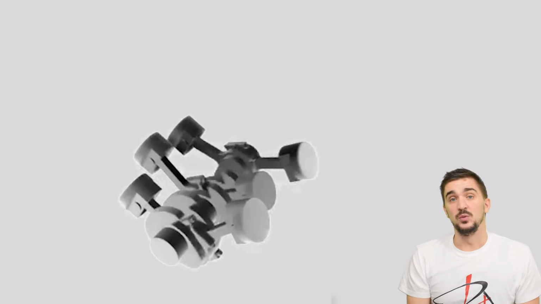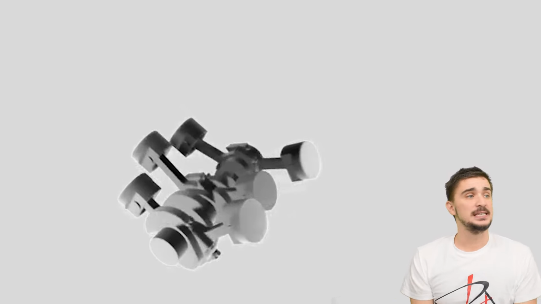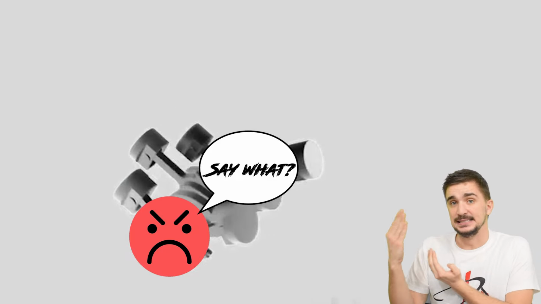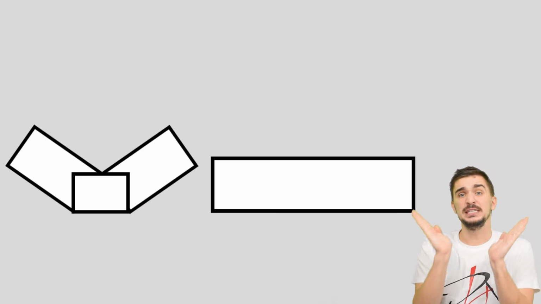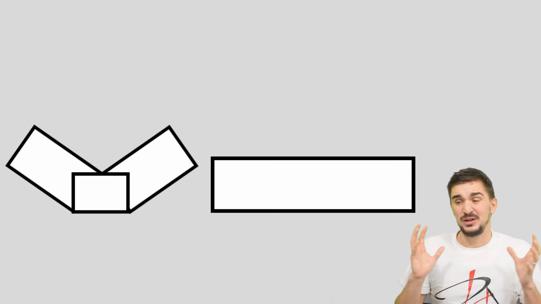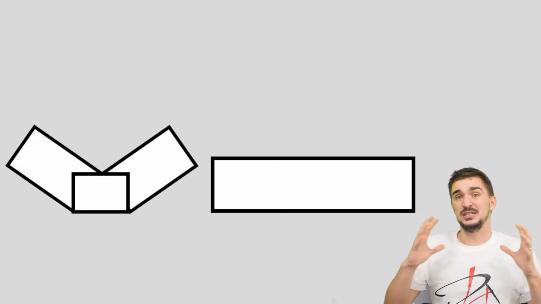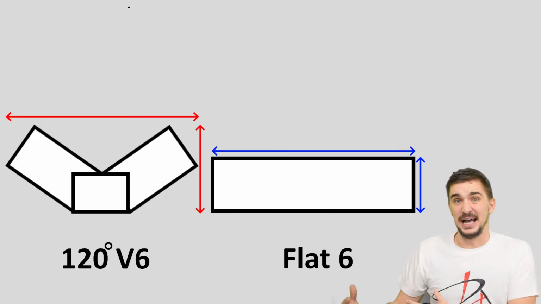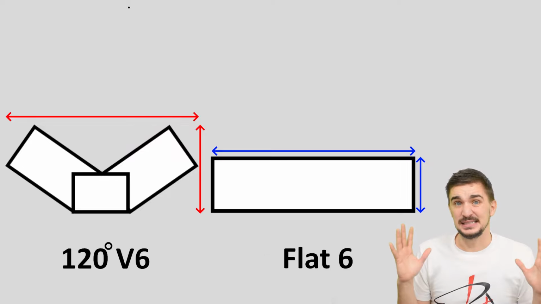Well, actually no, the 120 degrees V6 is useless and stupid. It's useless and stupid because the whole point of developing a V6 engine is to make it more compact than an inline 6. But with 120 degrees between the cylinder banks, you're actually making an engine that's almost as wide as a flat 6, but it's taller than a flat 6, so it's everything except compact.